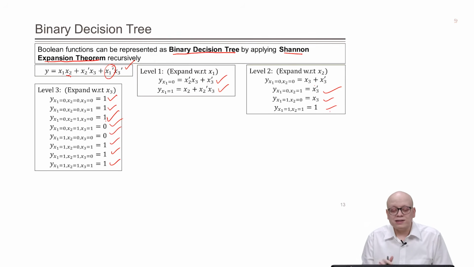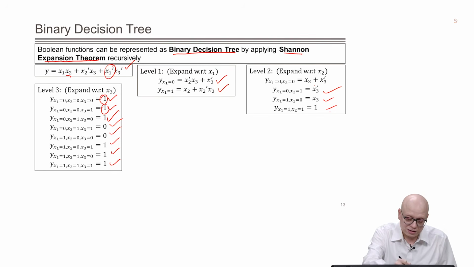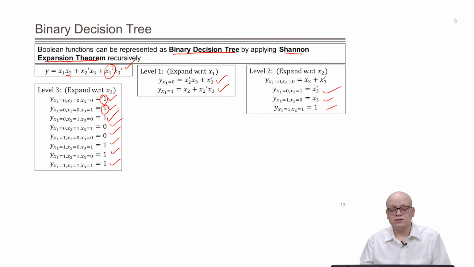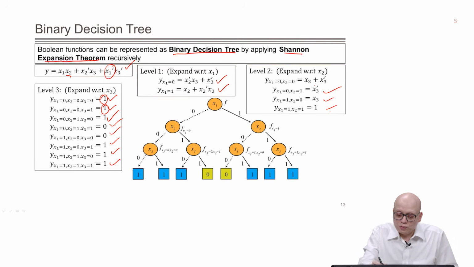Now, we can represent these functions in the form of a tree. We make the final values, 1 and 0, the leaves of the tree and build functions above them. So, this is the function f. Now, we say that x1 takes a value 0.